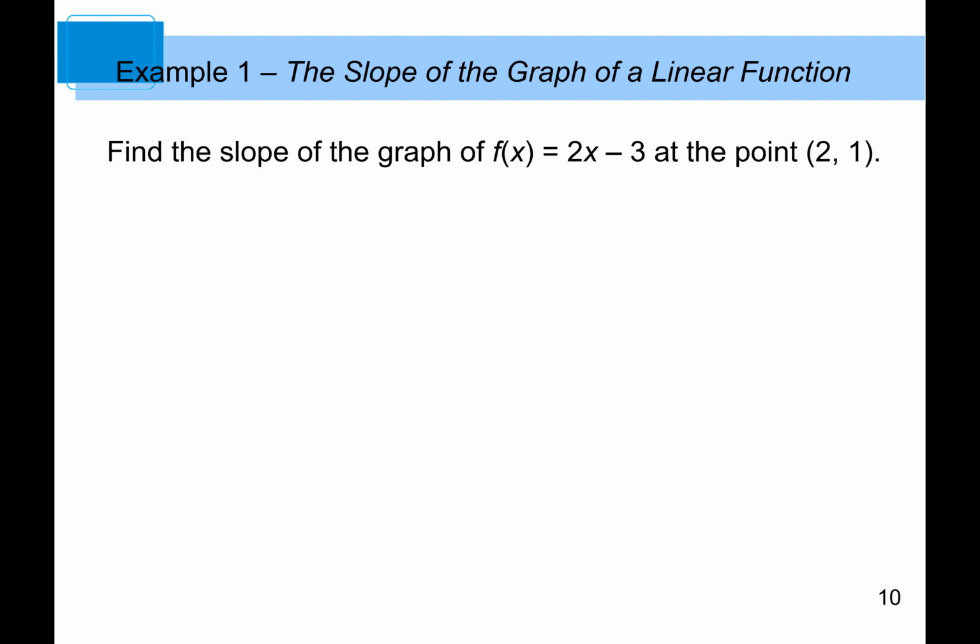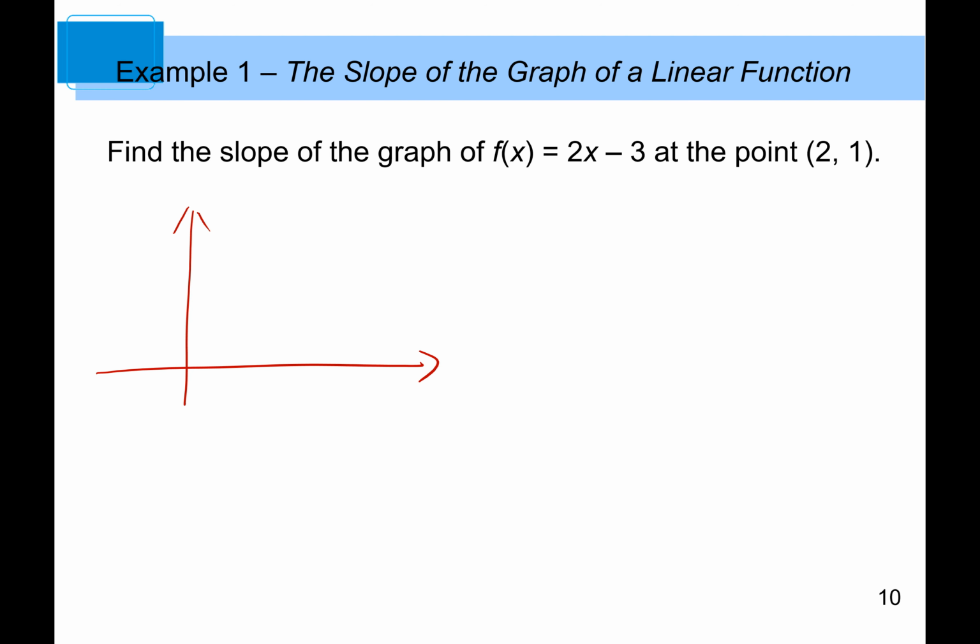So this is exactly the example I want to go over. Find the slope of the graph of f of x equals 2x minus 3 at the point (2, 1). If you draw this graph, 2x minus 3, it's passing through the y-intercept: when x equals 0, y equals -3, so we have the first point (0, -3).